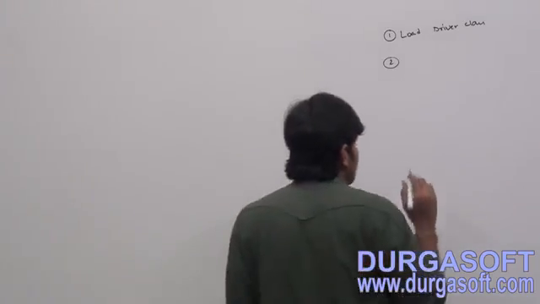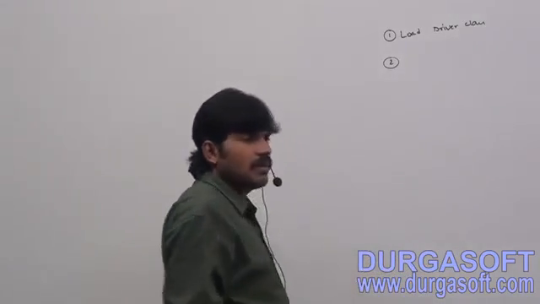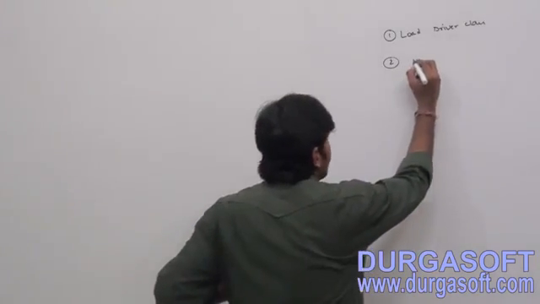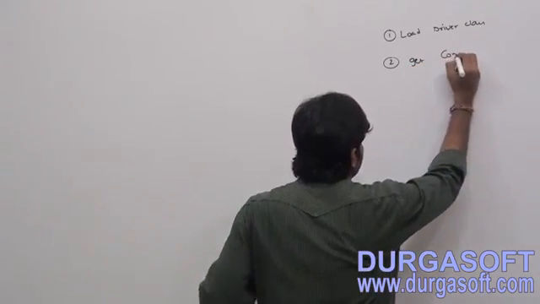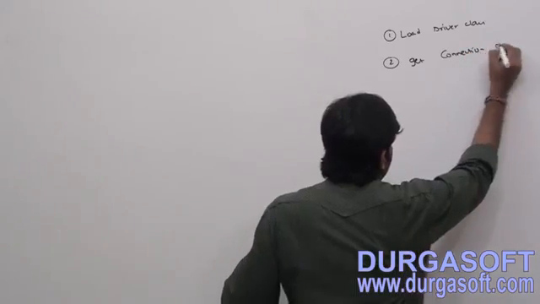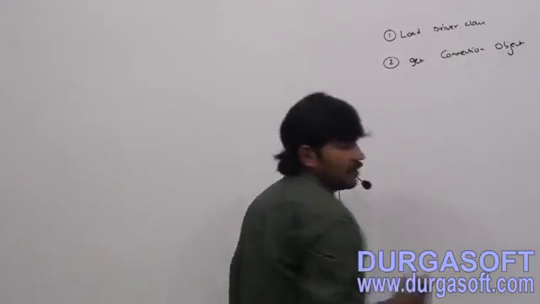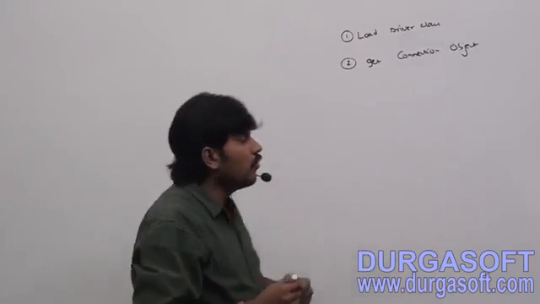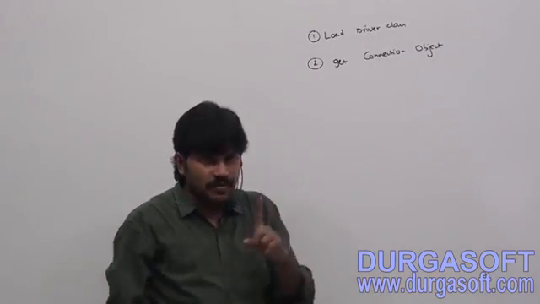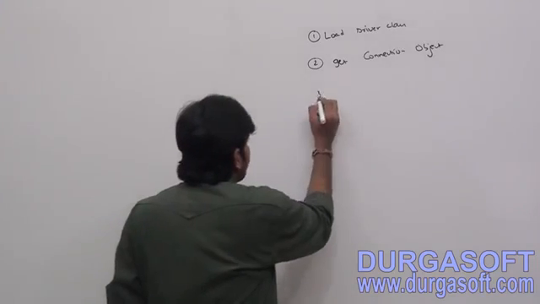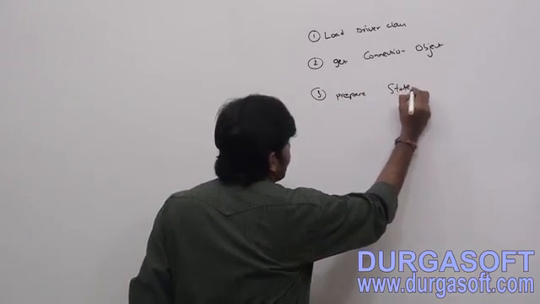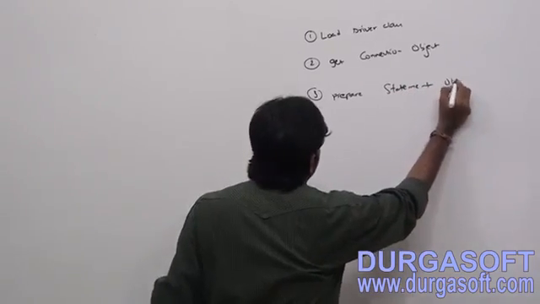The second thing is immediately we can ask, hey DriverManager, please give the connection object. So Connection con = DriverManager.getConnection. Who is going to provide the connection object? DriverManager. Next, the third activity: prepare a statement object.